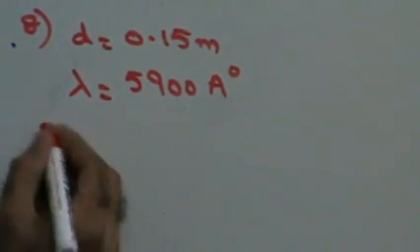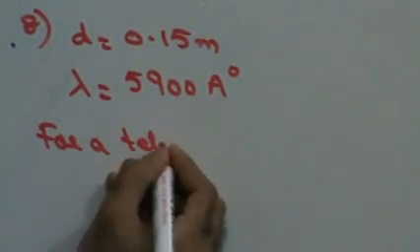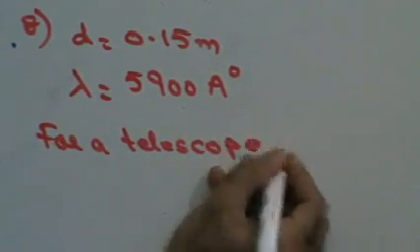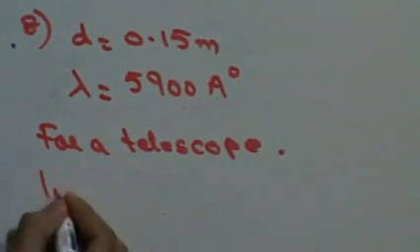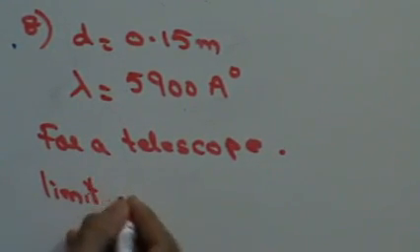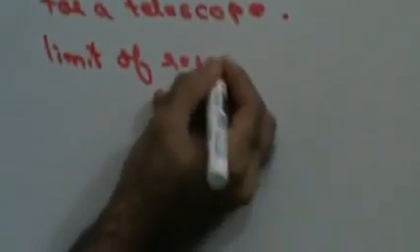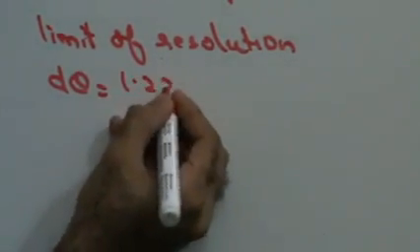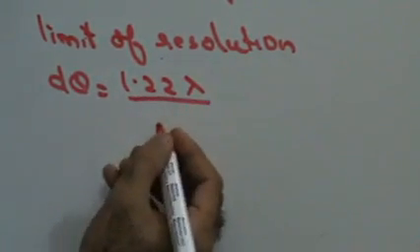Now, I can say for a telescope, the limit of resolution dθ is given by the formula 1.22λ upon D, the diameter. That's the formula for limit of resolution of a telescope.